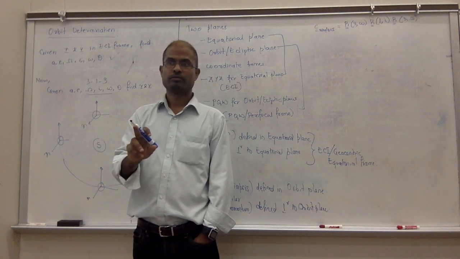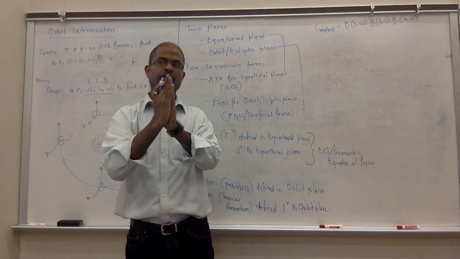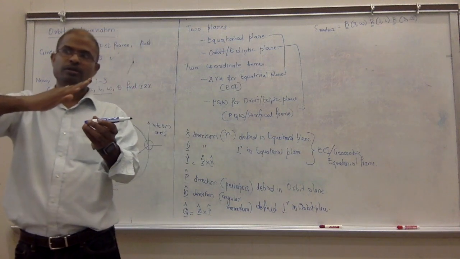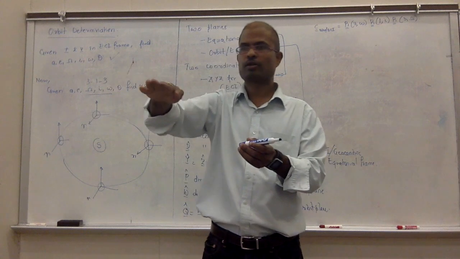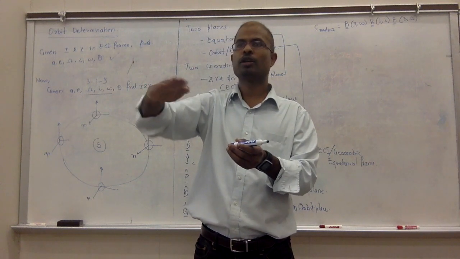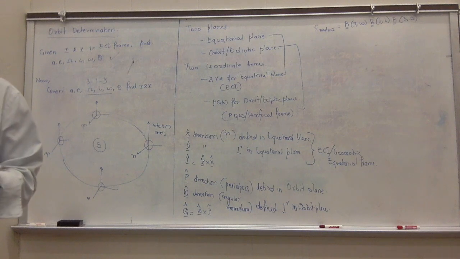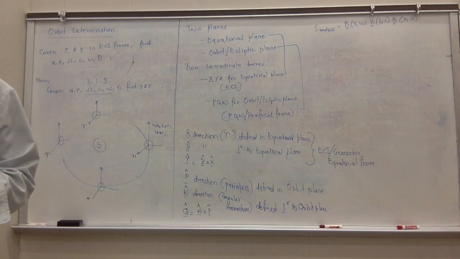To get there, you have to still rotate in that plane. Before you did the first rotation, you were in the equatorial frame. But once you did the rotation, you were no more in the ECI frame. You're still in the equatorial plane, but you're not in the ECI frame.